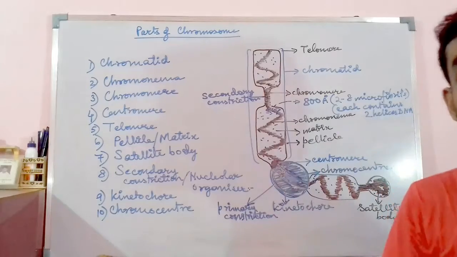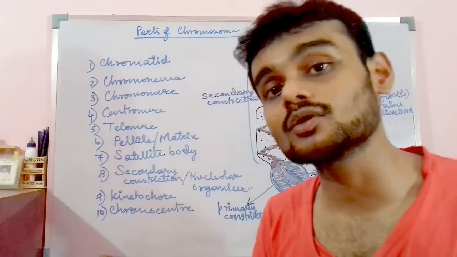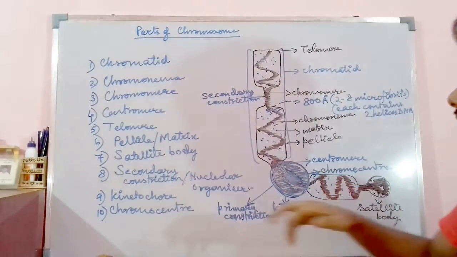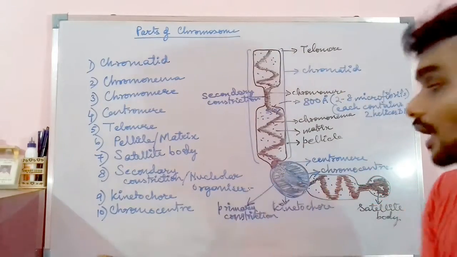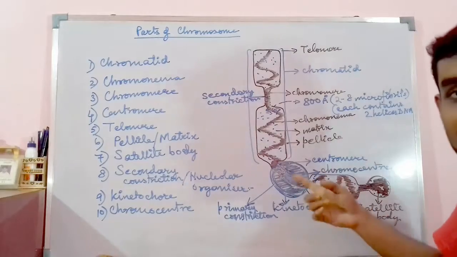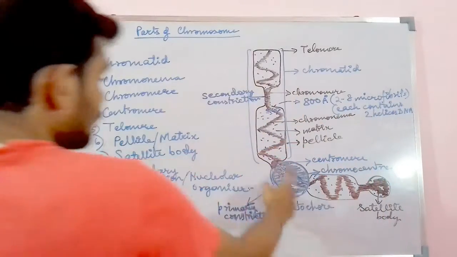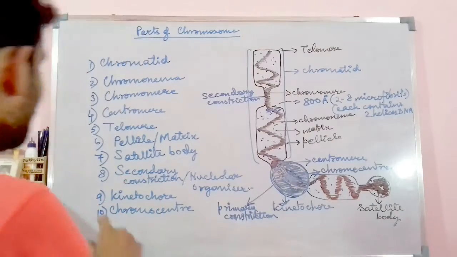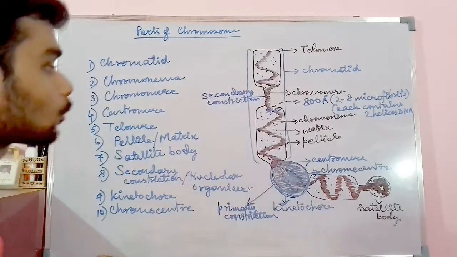That secondary constriction is very important and needs to be present in almost all the chromosomes in order to give rise to the nucleolus. And ninth, we have the kinetochore. Kinetochore is nothing but the disc-like appearance present along with the primary constriction of the centromere. And last is the chromocenter.